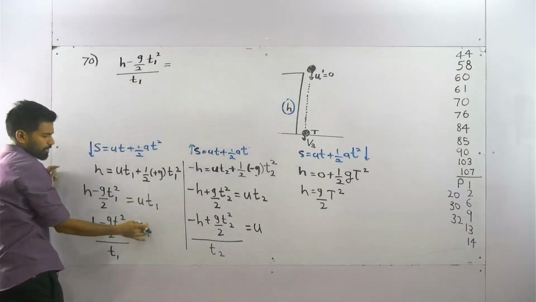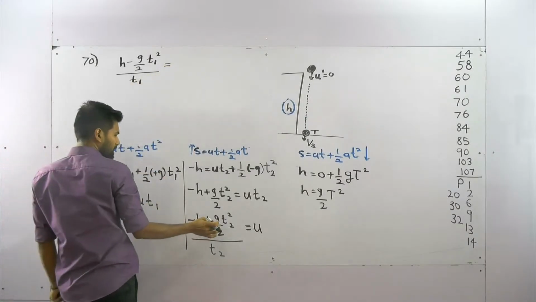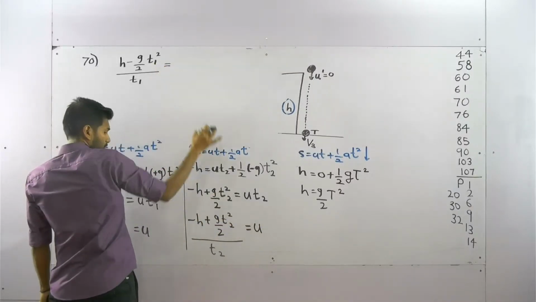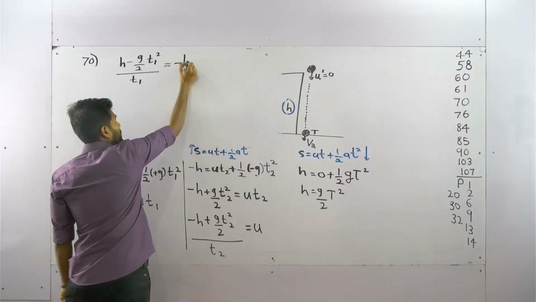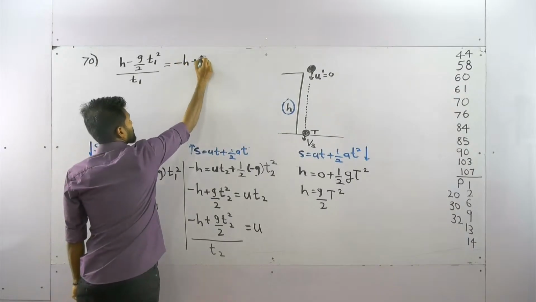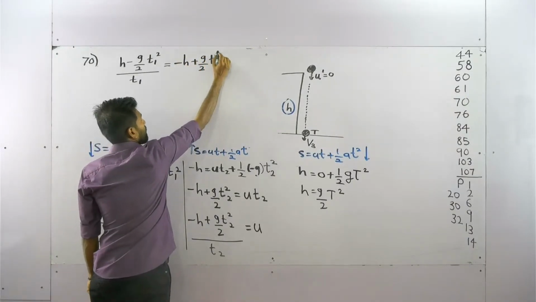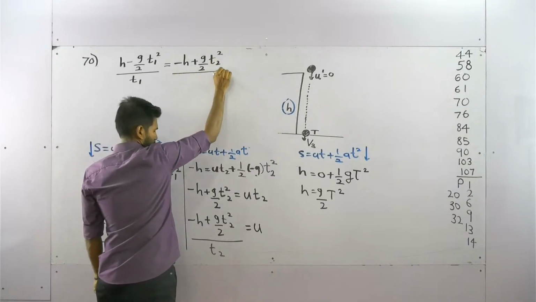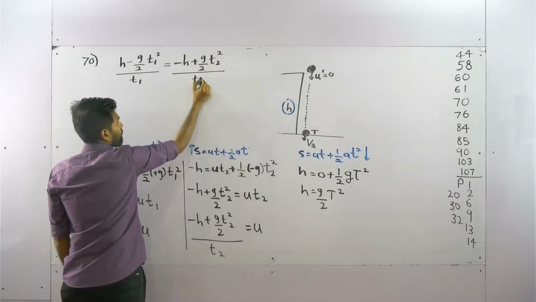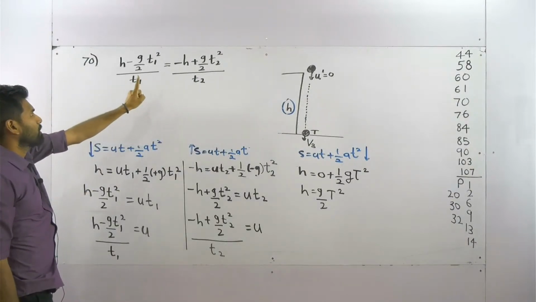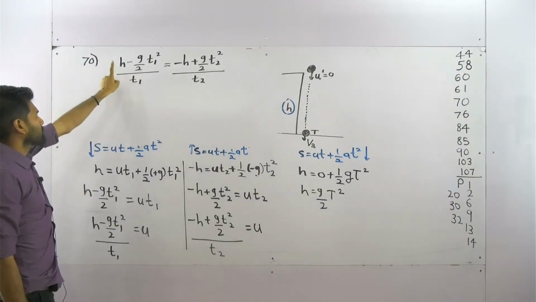It's the answer for u. It's the same velocity that they used in the second case also. So again the u value, I'm equating them. Minus h plus g over 2 t2 square over t2. Now I have an equation where I can make h the subject.